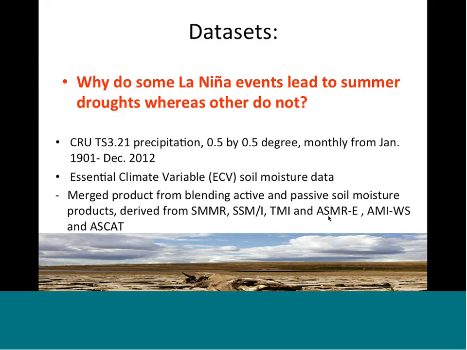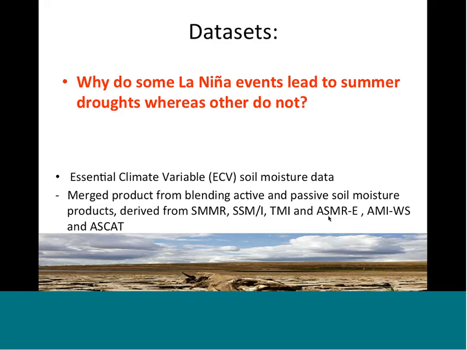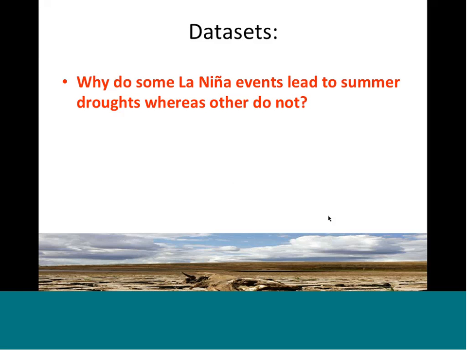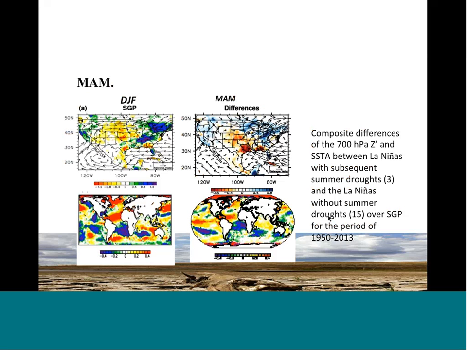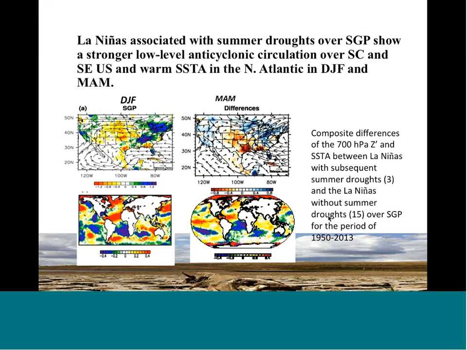The first question we'd like to explore is why some La Nina events lead to summer drought whereas others do not. We did a composite analysis, looking at the difference between the La Ninas that were followed by summer drought over the southern U.S. Great Plains versus those La Ninas that were not followed by summer U.S.